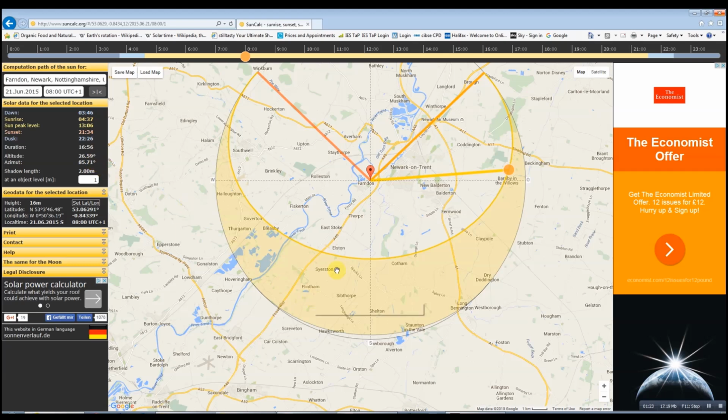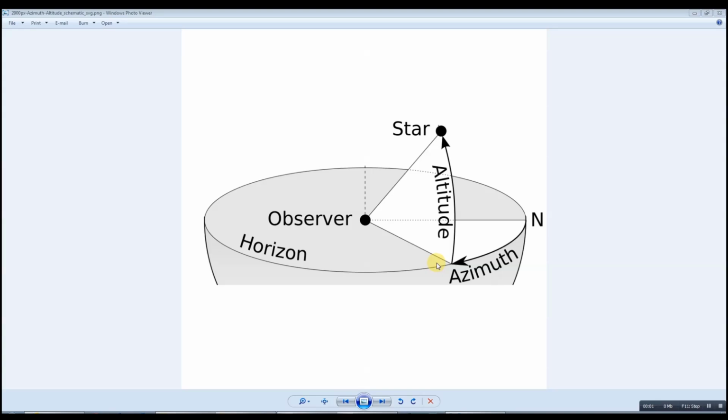So first of all, let me explain what the altitude and azimuth here refers to and how I worked it out, or how I drew it in AutoCAD. So in order to determine the sun's location from an observer, you would draw an imaginary circle around yourself, like this.